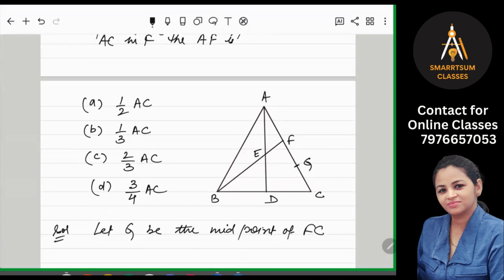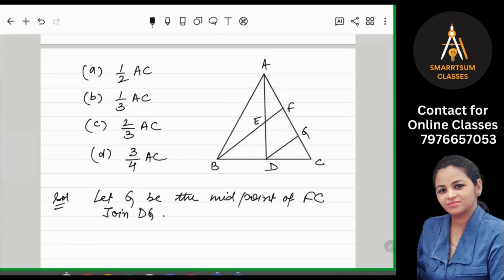Now join D and G. Now look at the triangle BCF. Can you see a triangle here? BCF, this one, right?